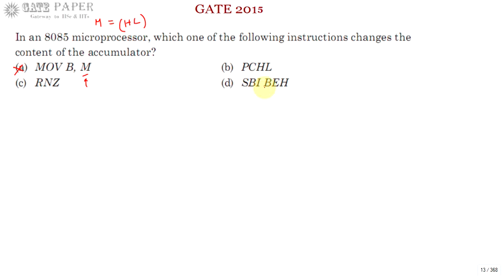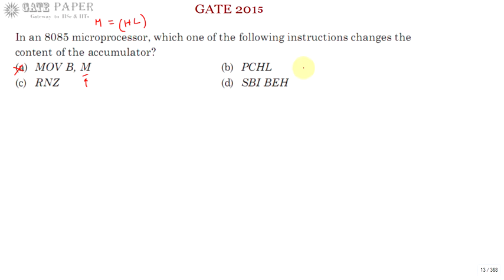Okay, and PCHL, the second instruction. PCHL is load program counter. PC means program counter. Load program counter with HL contents. The program counter is a 16-bit register, and HL is a pair. H is an 8-bit register, L is an 8-bit register. Both together are considered a 16-bit register.